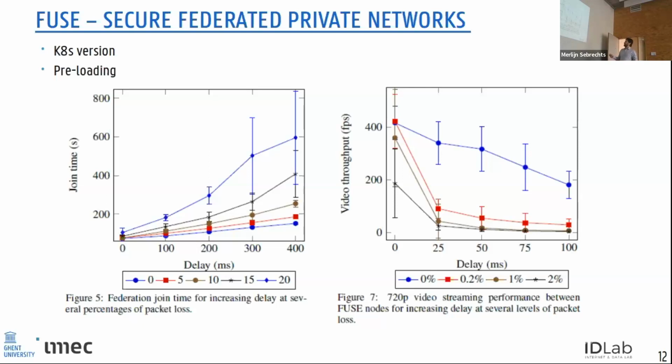Looking at application level performance, we tested this with HD video streams, or rather, not full HD, half HD. And we see that when there's no network degradation, we can have about 10, maybe 20 streams active at the same time, without corruption, fully visible, which is decent enough to ascertain a specific situation.